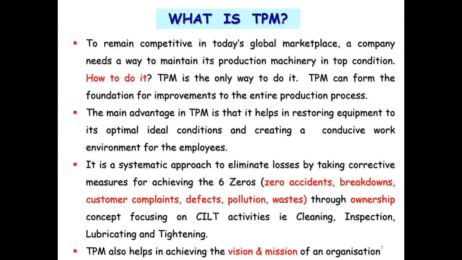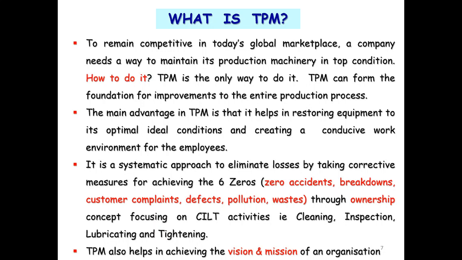In today's competitive world market, to survive and to do business without any interruption, we need to maintain all our production machines in our company in a top running condition to sustain without any breakdowns and without any quality defects. How to do this? TPM guides us and shows us how to do improvements in a structured way in the entire production process and maintenance line with ease.